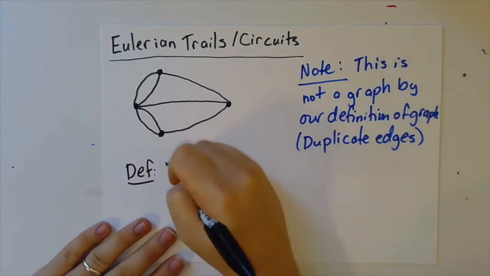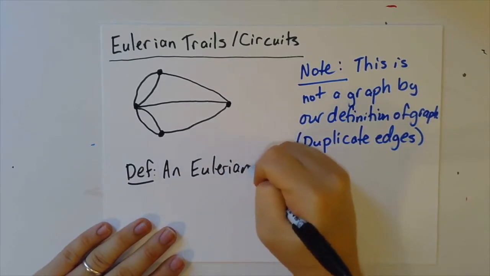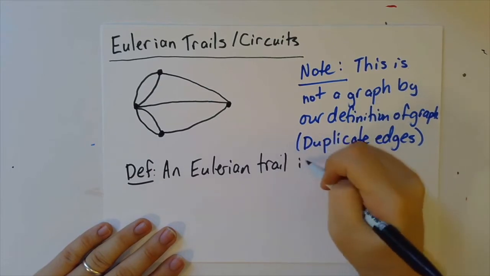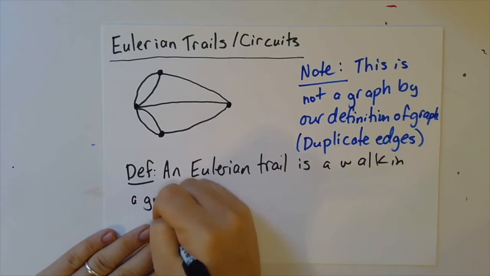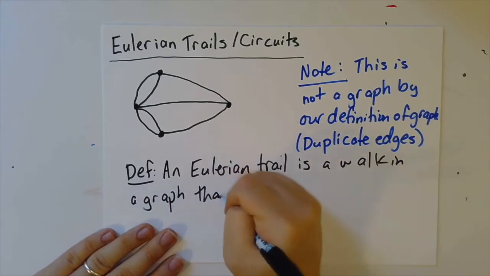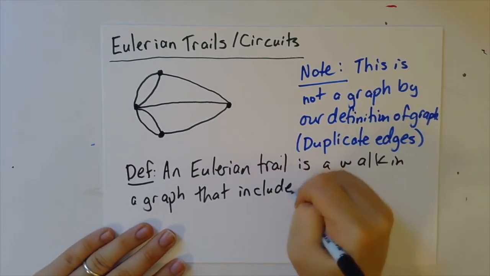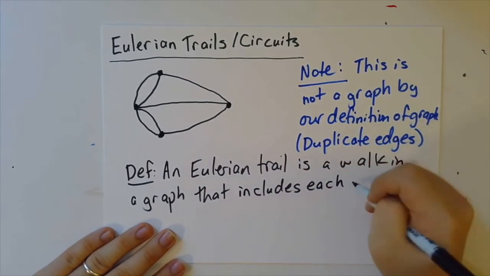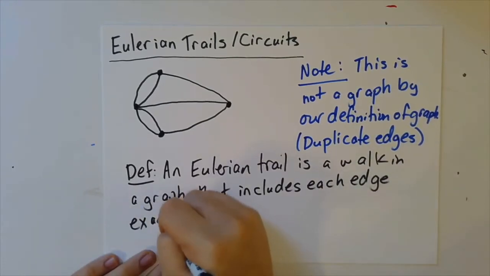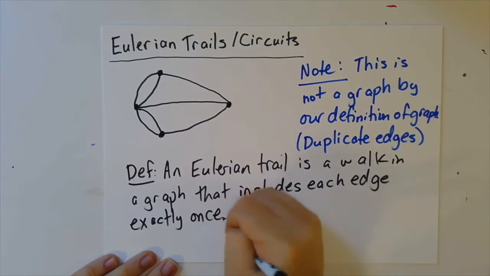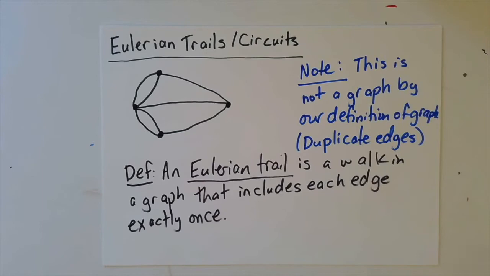Okay, so again, just to repeat, an Eulerian trail is a walk in a graph that includes each edge exactly once. Okay, so that is what an Eulerian trail is, and that's the thing we're going to be interested in for now.